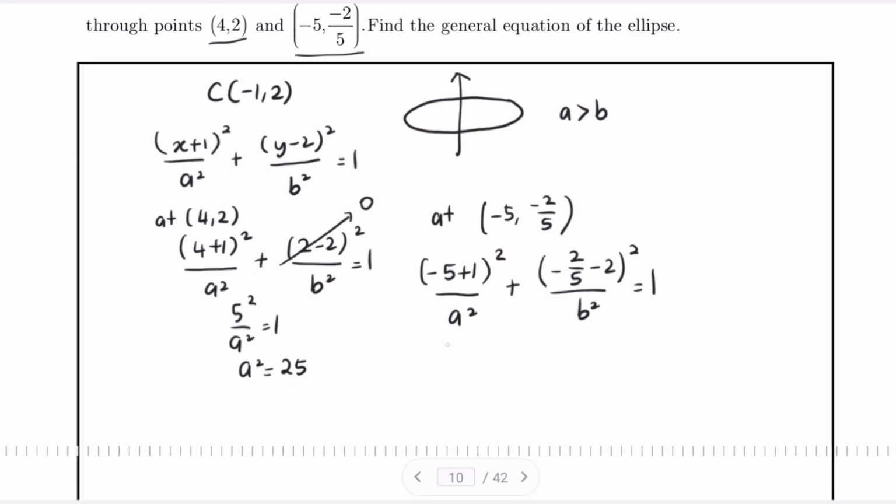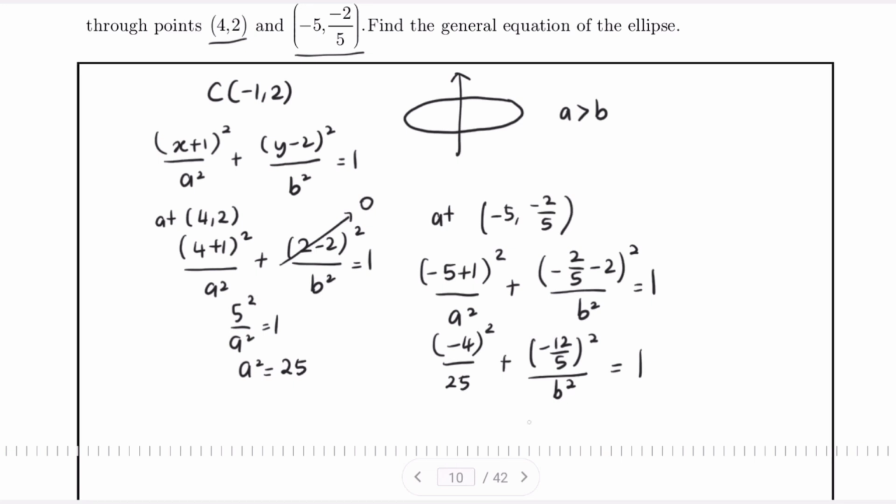So it's going to be negative 4 squared over 25, and negative 2 over 5 minus 2 is negative 12 over 5, squared over B squared equals 1.